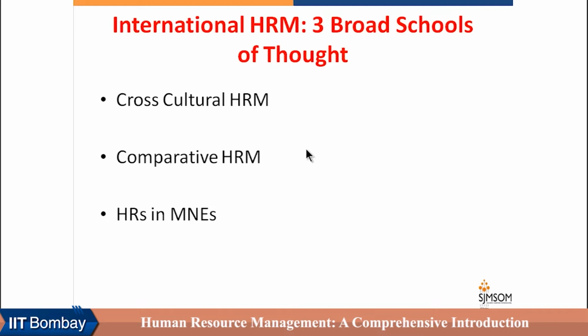When we talk about international human resource management, generally there are three broad schools of thought, and this is studied under three broad categories. First is cross cultural management, wherein we look at the differences caused in HRM processes and systems across cultures.